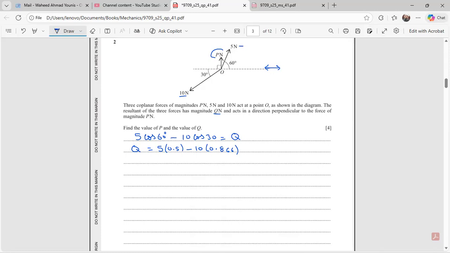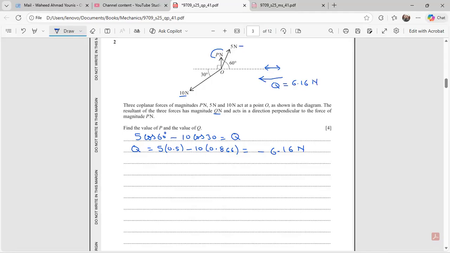Okay. And we found this thing as negative 6.16 Newton. It means that this force is working in the negative direction. So this is the direction of our Q force and the magnitude is 6.16 Newton.